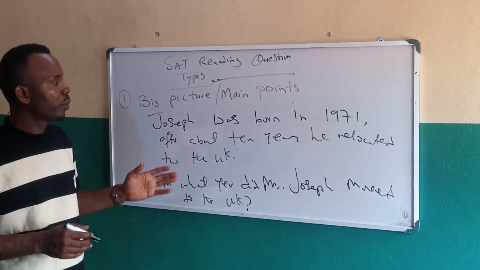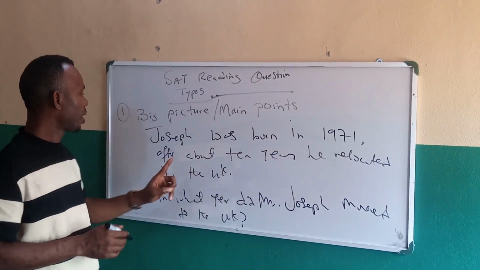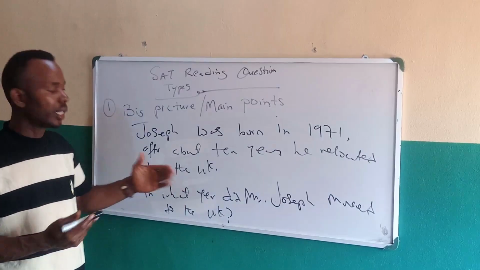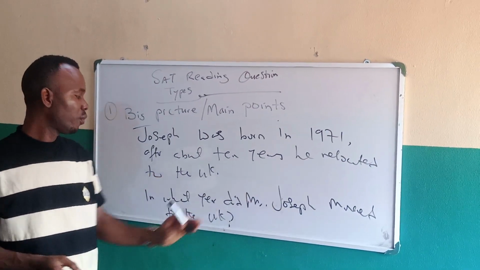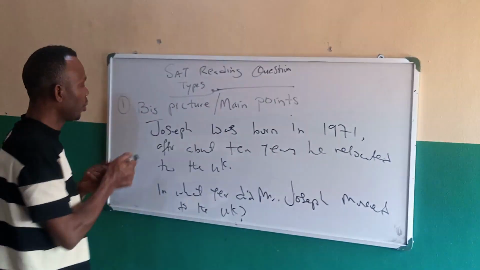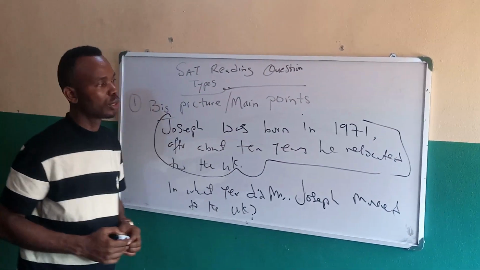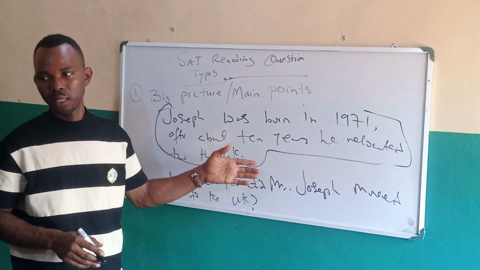For example, we have this. Joseph was born in 1971. After about 10 years, he relocated to the UK. Now the question is, in what year did Mr. Joseph move to the UK? If you look at the passage, the year that he moved to the UK was not expressly written, all right?